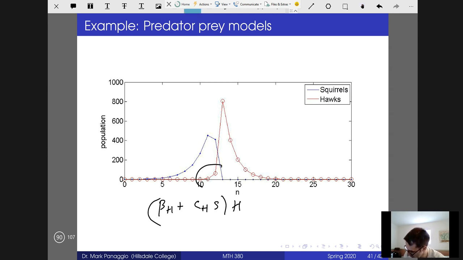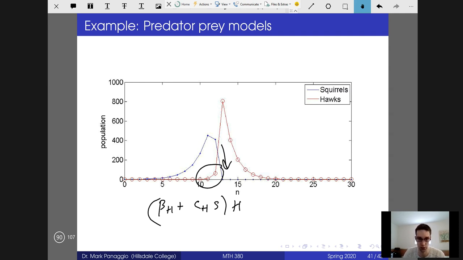And somewhere around here, we see that the hawk population takes off and grows very, very quickly. Well, what happens when there's lots and lots of hawks? Well, they eat lots and lots of squirrels, and so soon the squirrel population is going to take a dive, and ultimately in this scenario, the hawks will drive the squirrels to extinction.